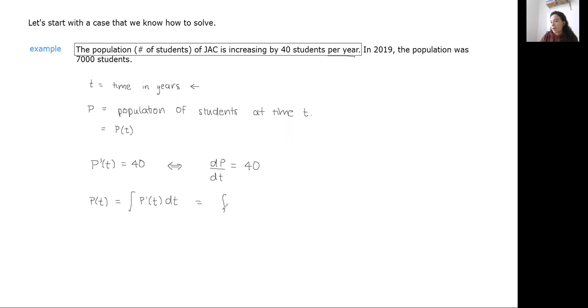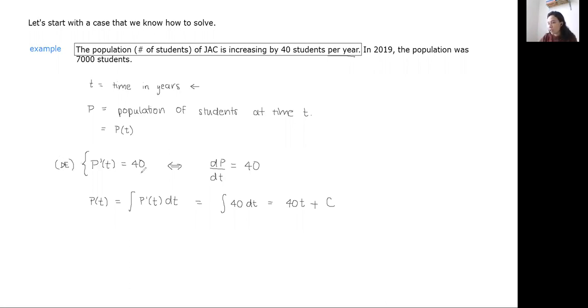That means my population is the integral of 40 with respect to t, and this gives me 40 times t, because the integral of a constant is the constant times the variable. And then I'm going to have plus c. So this is the first thing, which tells me that if you want to solve a differential equation, there's going to be some integration involved.